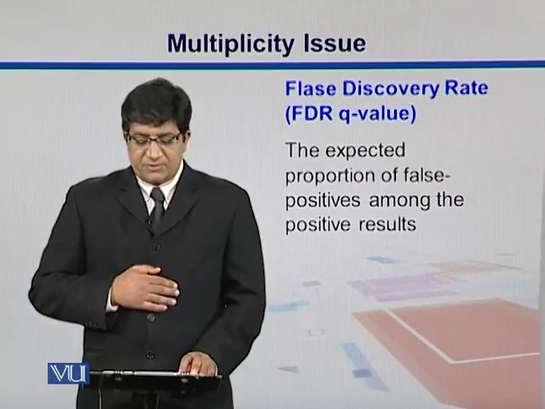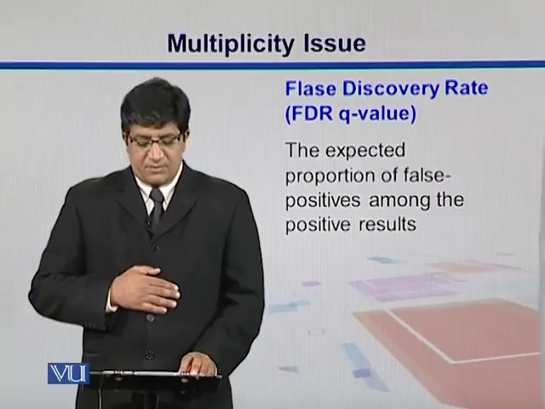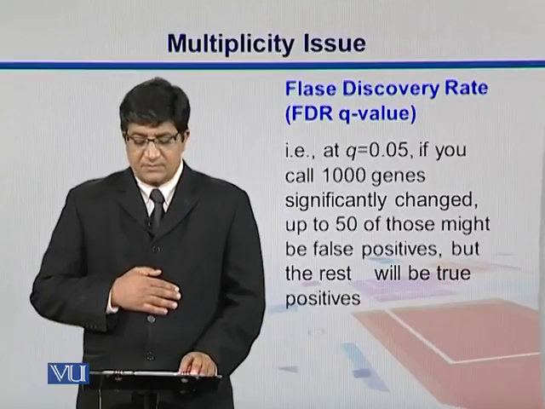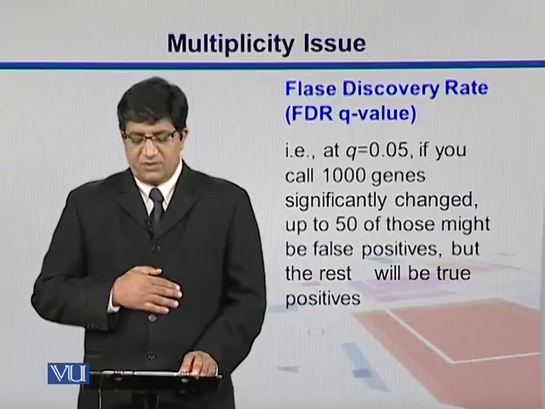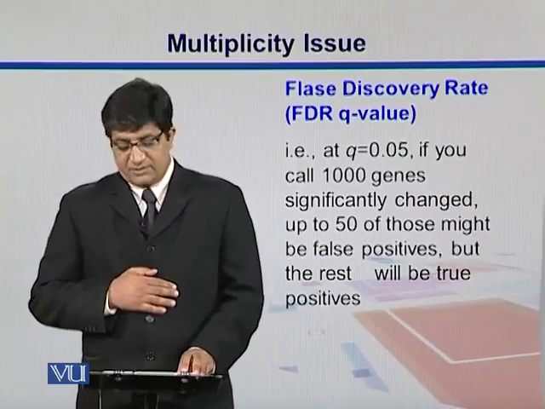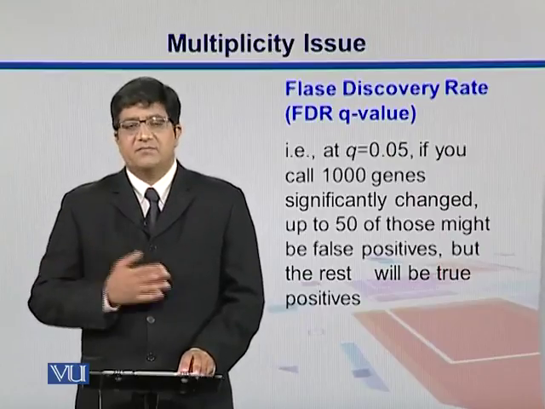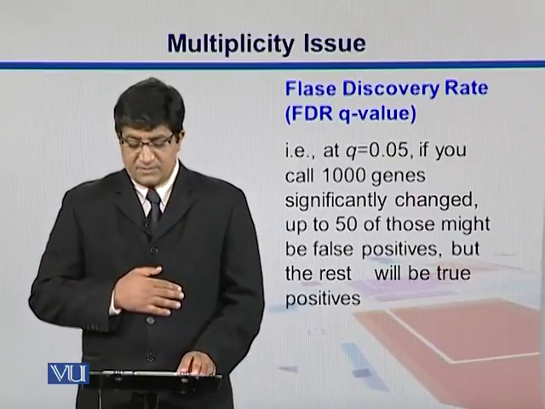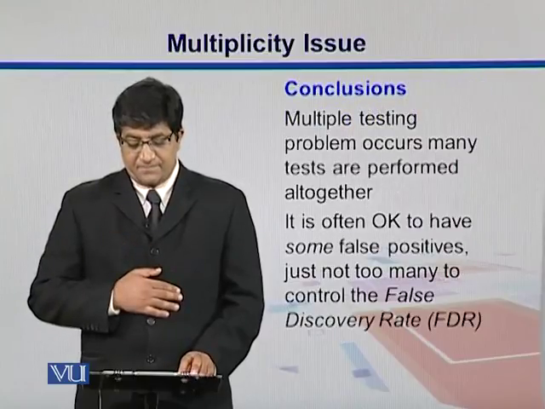It is the expected proportion of false positives among the positive results. So let's have Q equal to 0.05. If you call 1,000 genes significantly changed, 50 amongst them might be false positives, but the rest of them will be true positives.